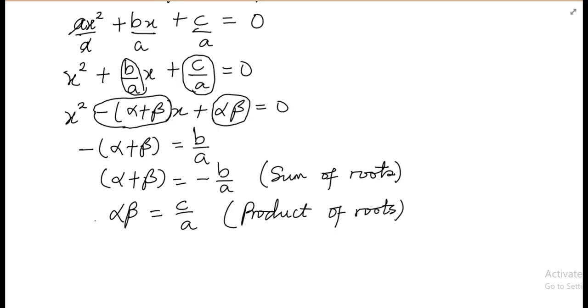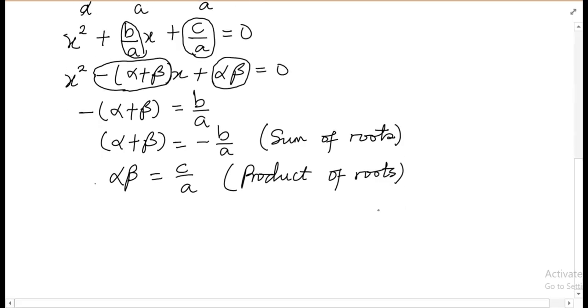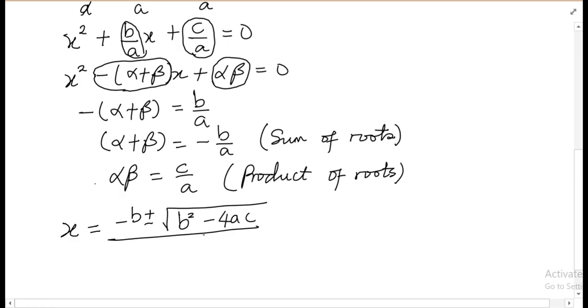And then when the coefficient of x square is 1, the constant stands for the product of roots. Now let's look at an alternative way. Using the general form of a quadratic equation, x equals minus b plus or minus root b square minus 4ac, all divided by 2a.